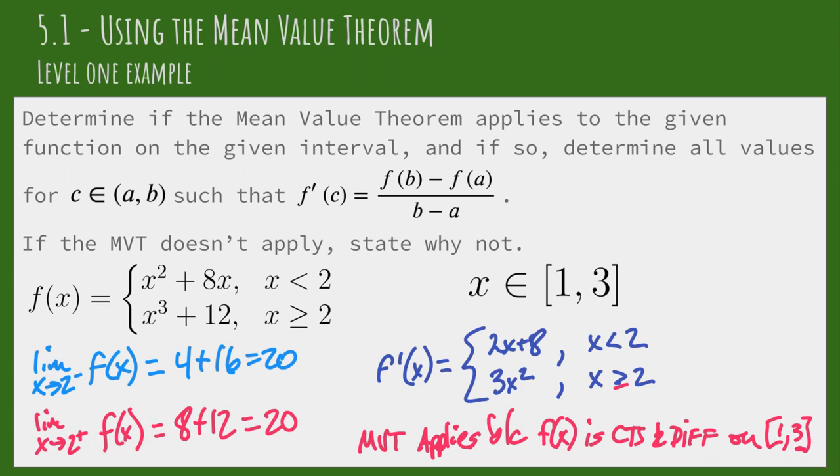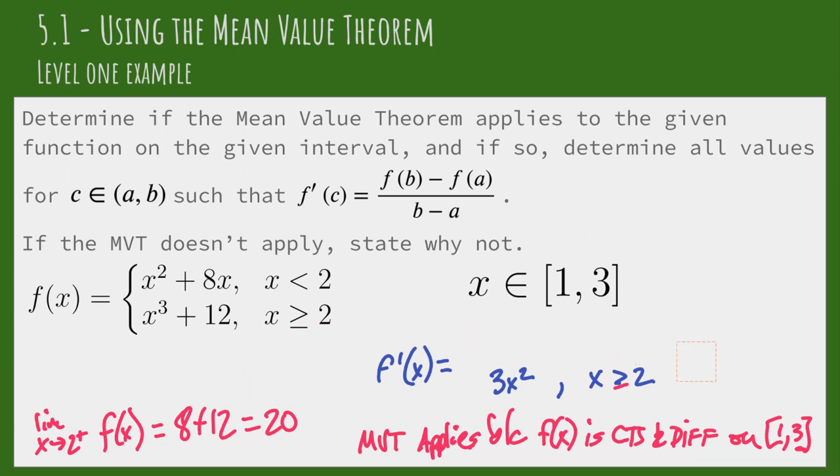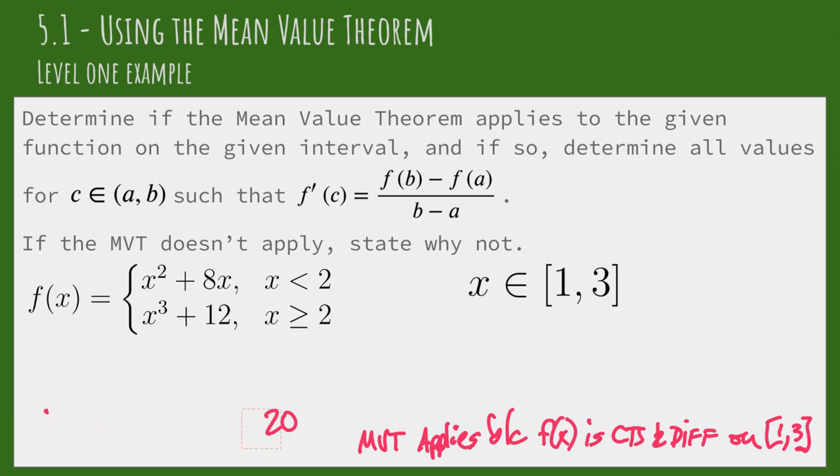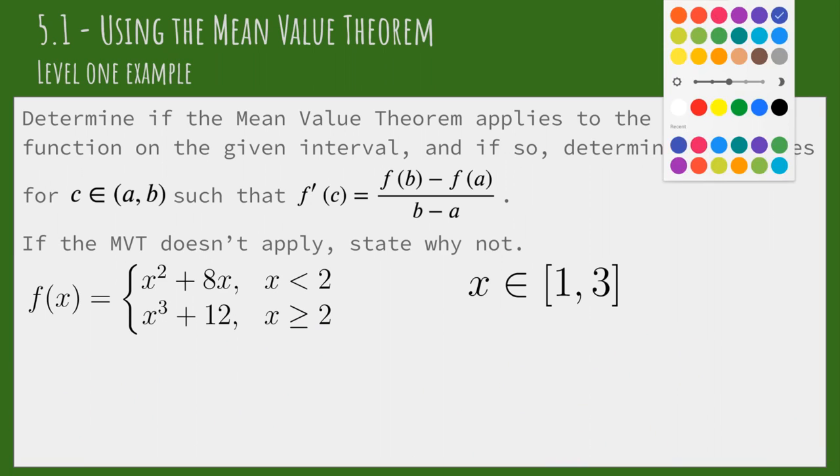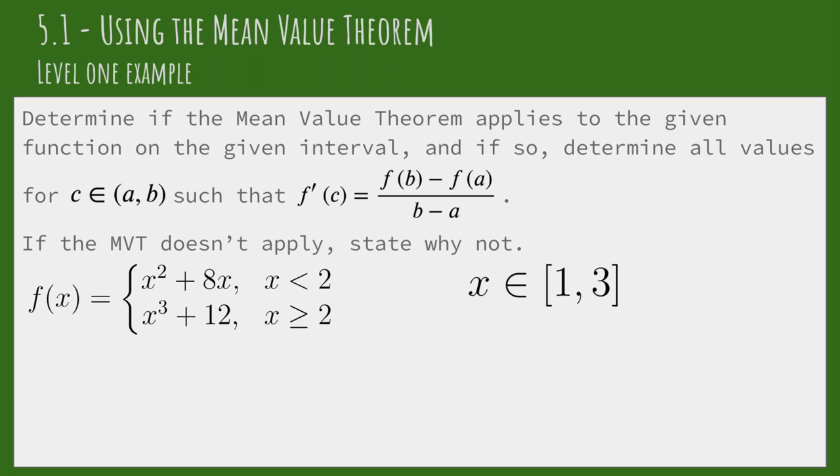So now that I know the mean value theorem applies, I want to find the values where it works. I'm going to clear my work here just so I have some space, and I want to do two things. I want to find the average rate of change over the interval. So I want to find f of 3 minus f of 1 over 3 minus 1. f of 3 is going to use this one right here.